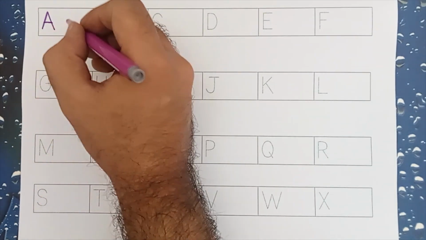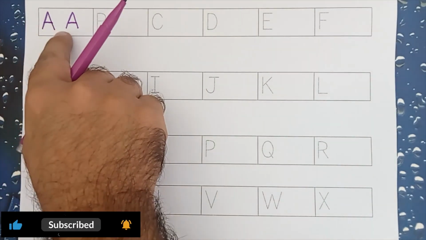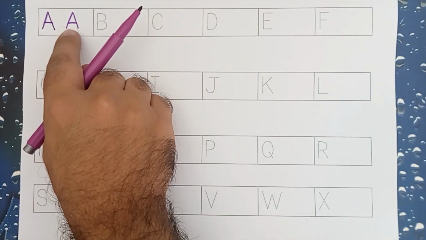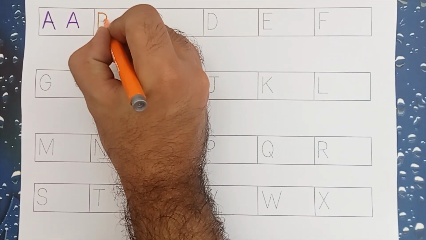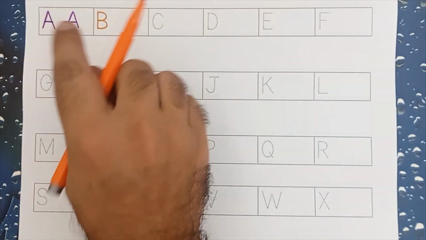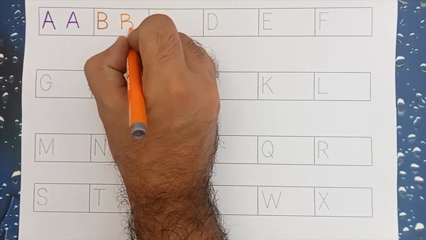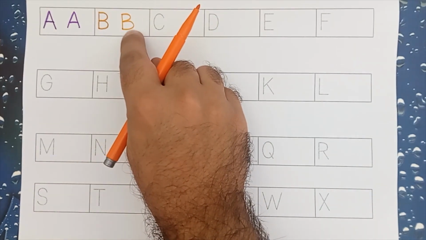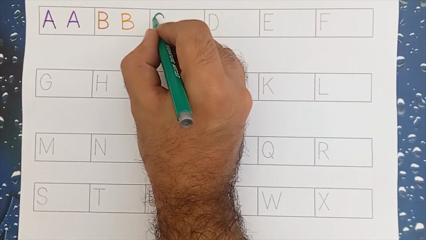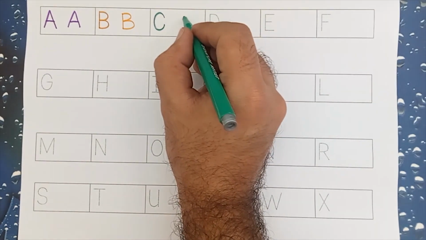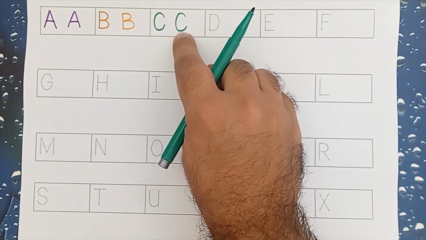A. A is for aeroplane. B. B is for balloon. C is for cat.